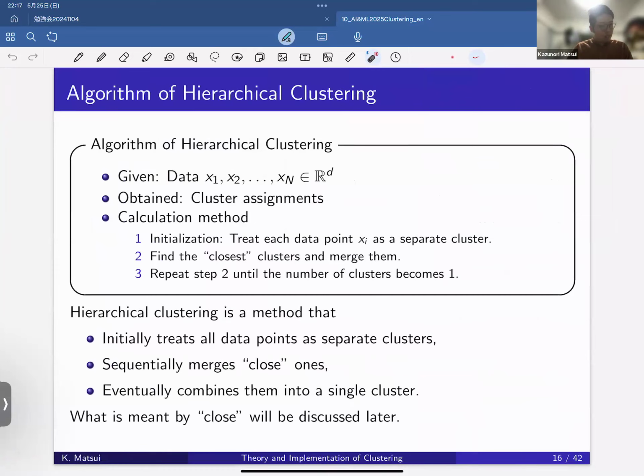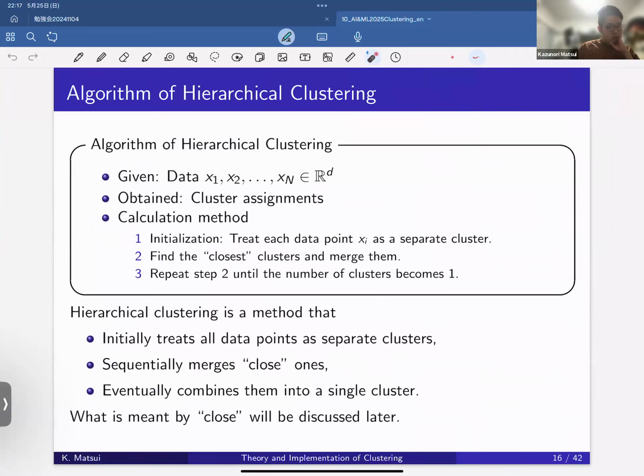The calculation method is to first treat each data point as a separate cluster. That means if there are n data points, we think there are n clusters.